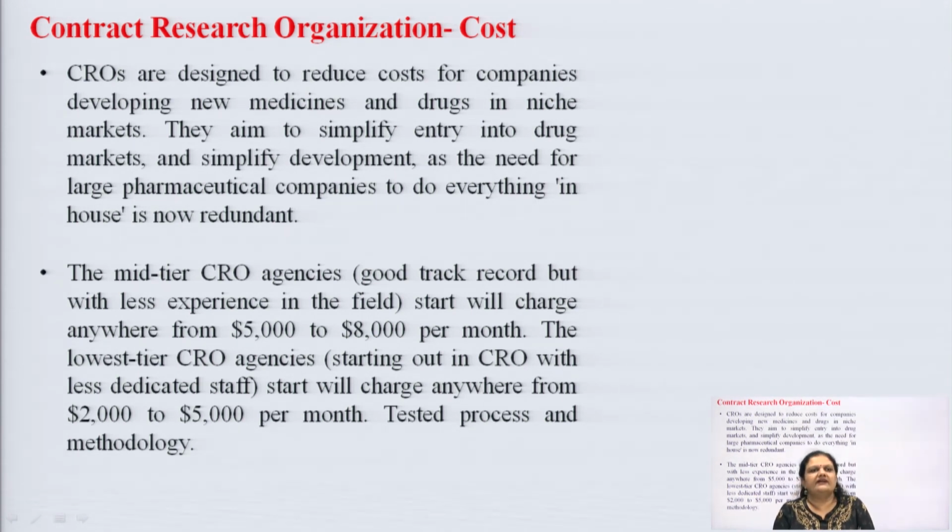The lowest tier CRO agencies are considered as just starting out with less dedicated staff, and they will charge anywhere in the globe from $2,000 to $5,000 per month. But they can use their tested processes and methodologies which are validated by regulatory authorities.